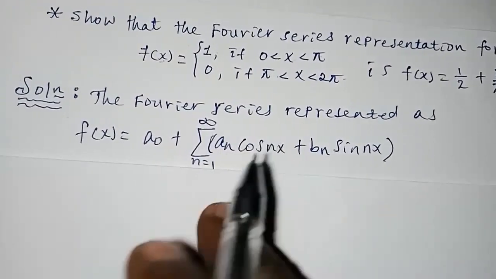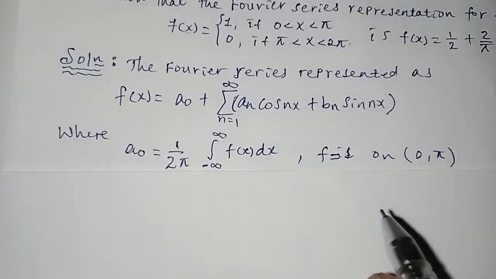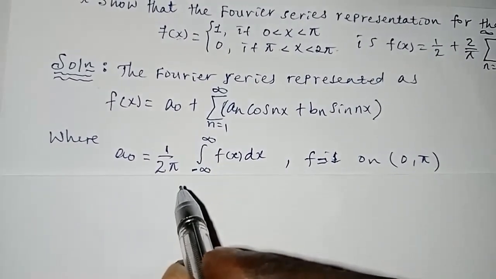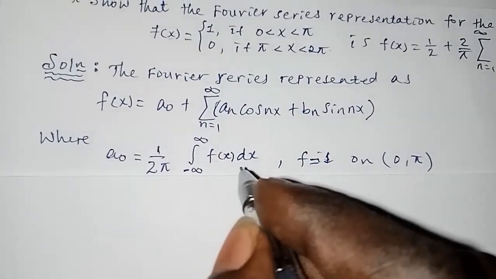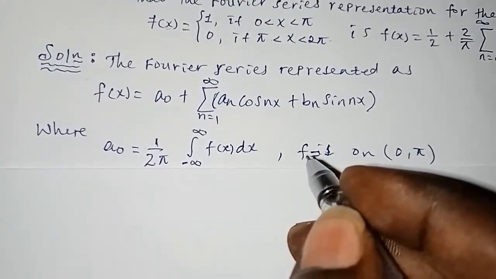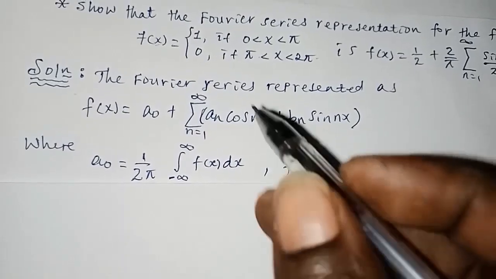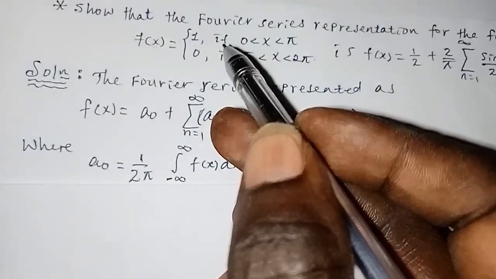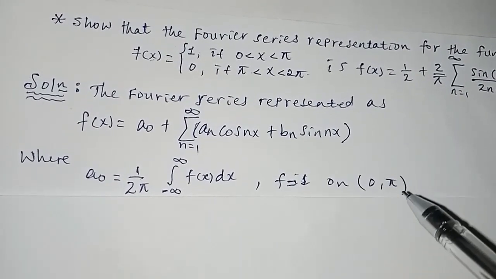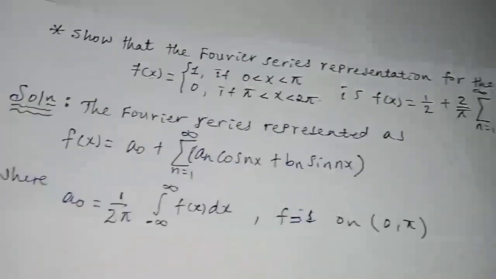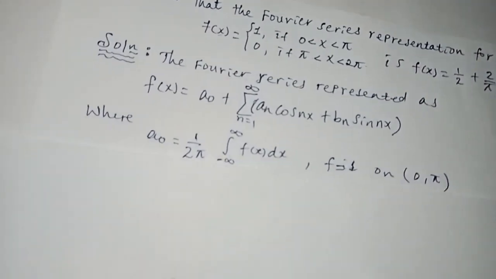Then a naught is given as 1 over 2 pi, the integration from negative infinity to infinity of f of x dx, where f is equal to 1 for x between 0 and pi, and otherwise is 0.